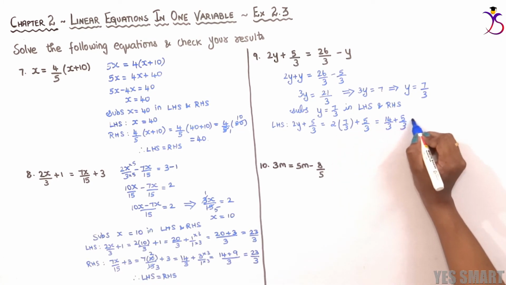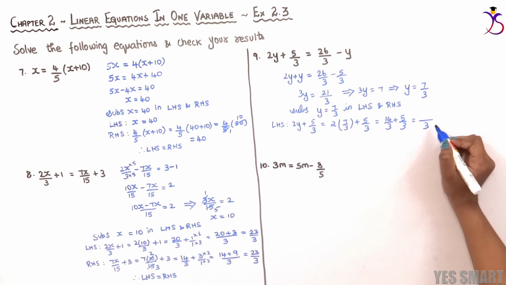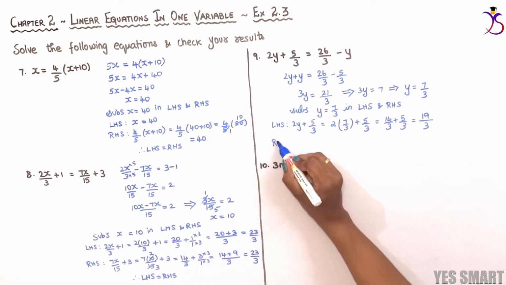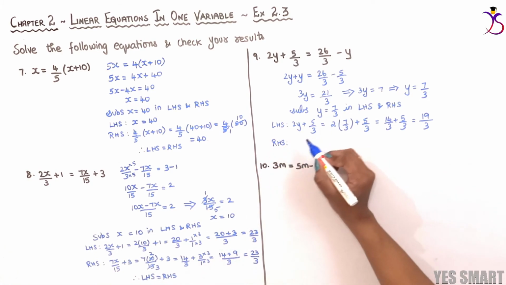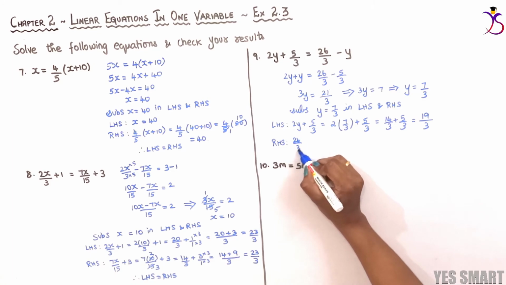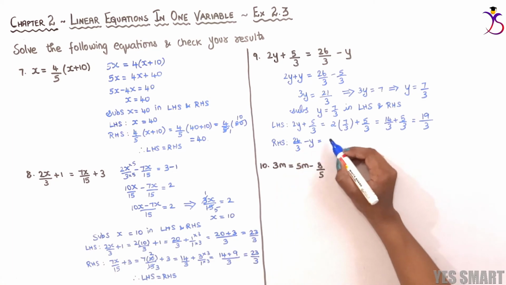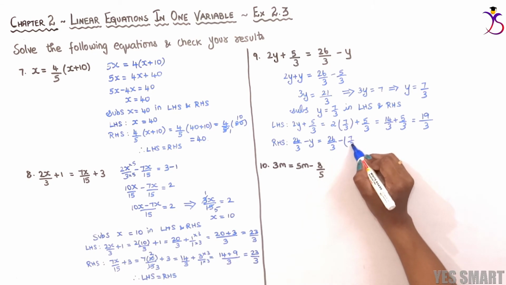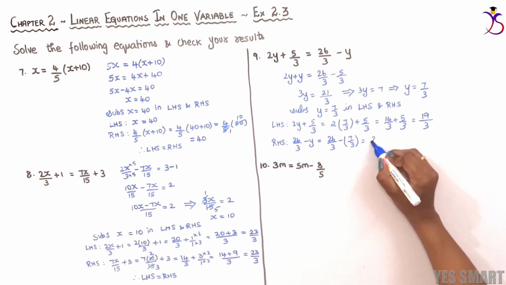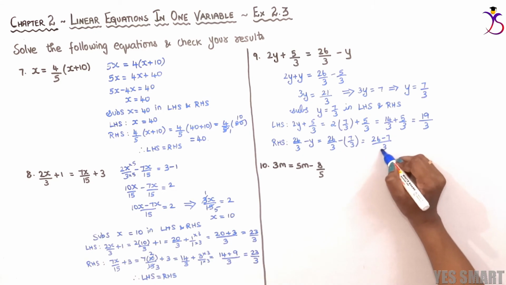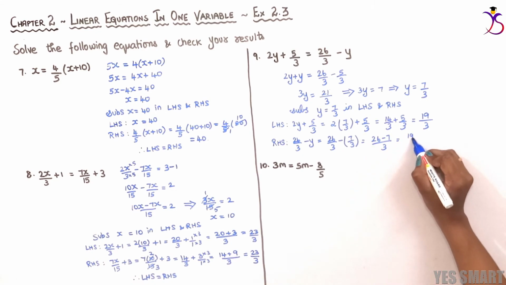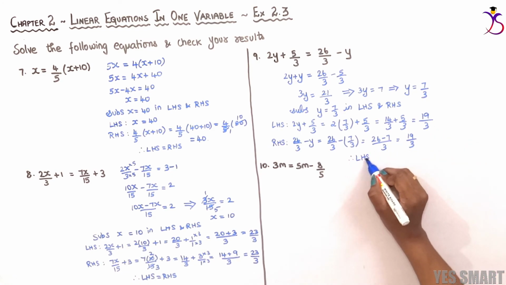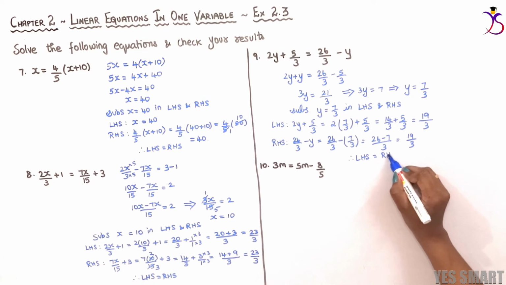Since it is the same denominator, we can just add. 14 plus 5 is 19. So 19 by 3. RHS: 26 by 3 minus y equals 26 by 3 minus 7 by 3. Same denominator, so we can combine the numerator. 26 minus 7 whole divided by 3. 26 minus 7 is 19. So the answer is 19 by 3. Therefore, LHS is equal to RHS.